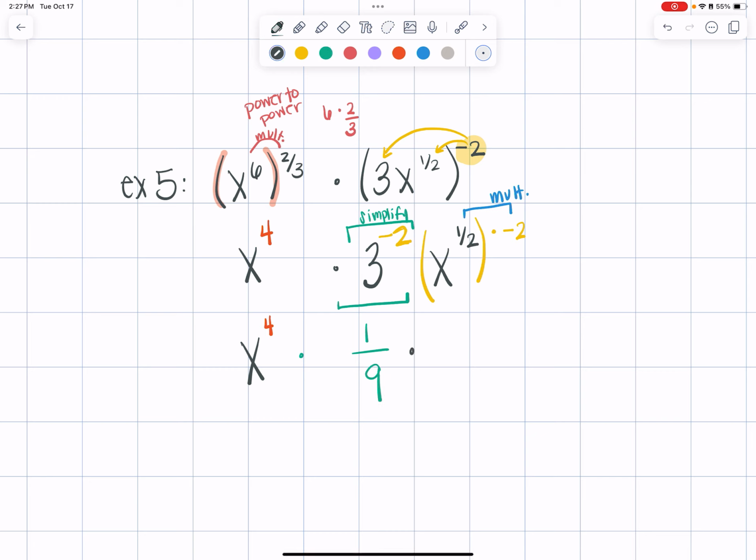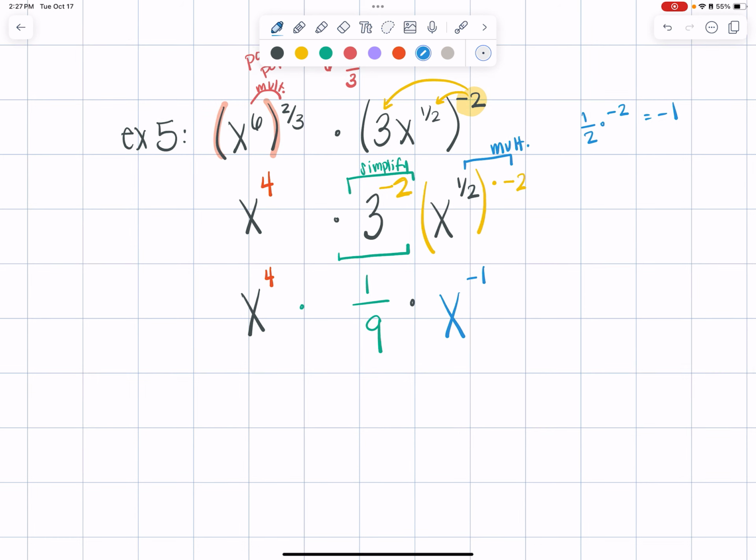Okay, now I need to deal with that x to the 1/2 to the -2. So 1/2, let me work off to the side, 1/2 times -2 is going to give me -1, which is going to be x to the -1 power. Now you may be tempted to go ahead and move that x to the bottom, and you certainly can. I'm going to go ahead and combine up these x's, and then I will simplify all my negatives at once. And I mean combine because both of these are the same base.